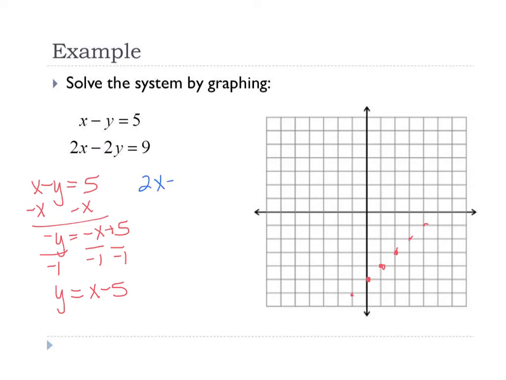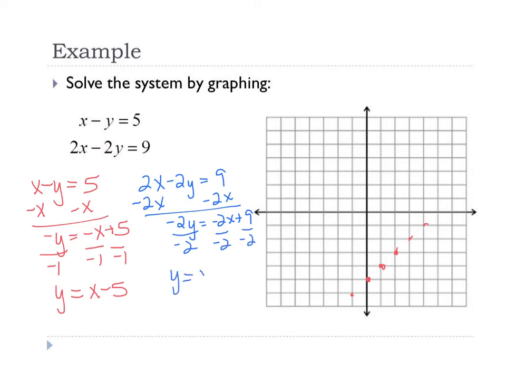And then the other one, subtract 2x from both sides. Negative 2y equals negative 2x plus 9. Y equals positive x minus 4.5. That'd be a negative 9 halves.